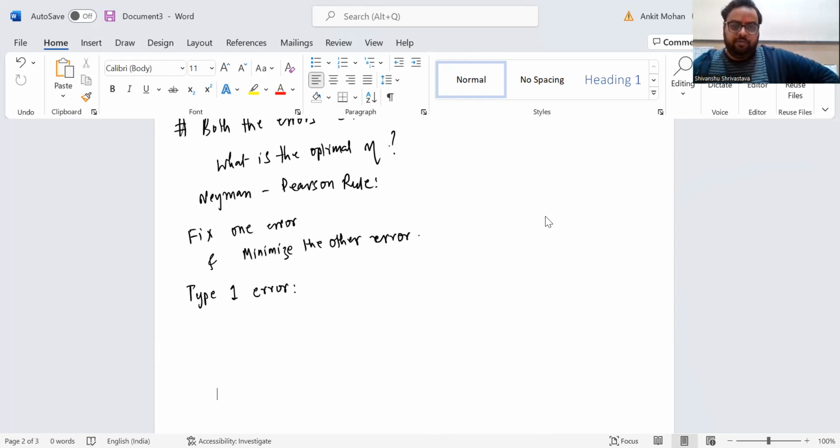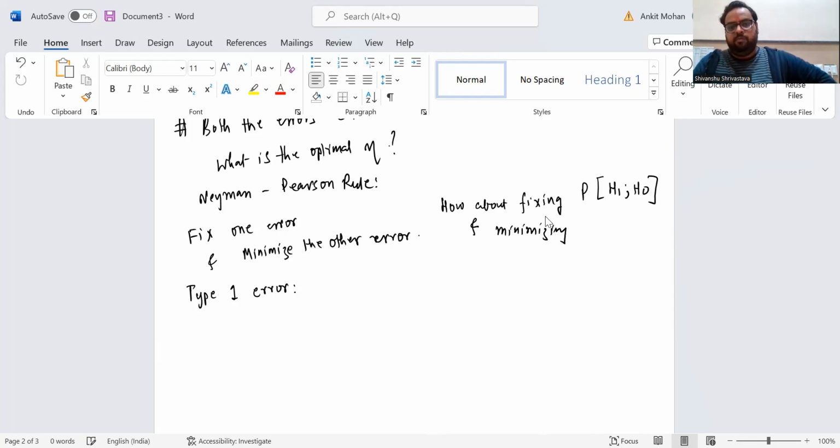So basically we are going to fix one error and minimize the other error. How about fixing the type 1 error only? That is, how about fixing this one and minimizing the other?